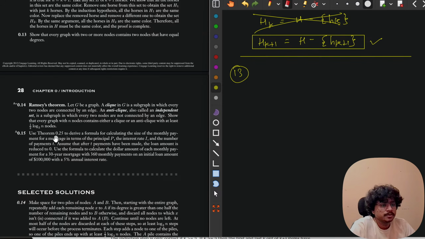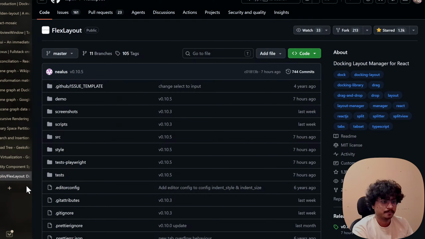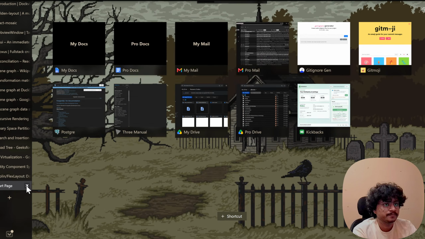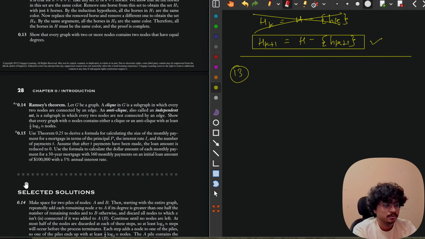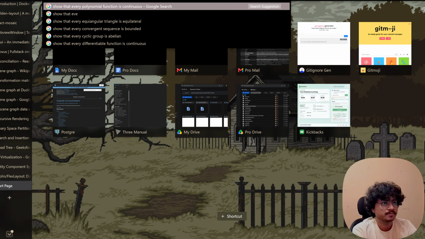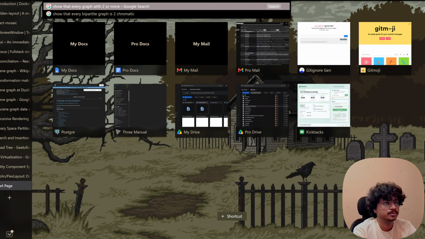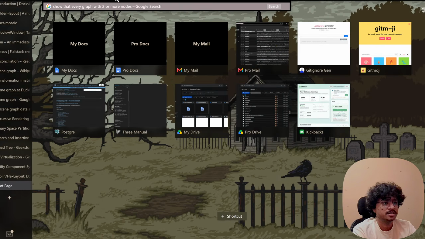Well, for question 13, show that every graph with two or more nodes contains two nodes that have equal degrees.